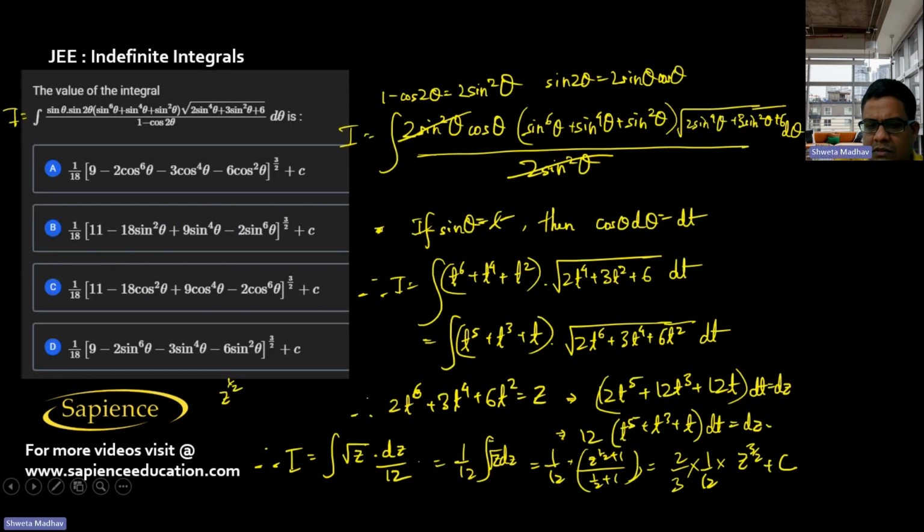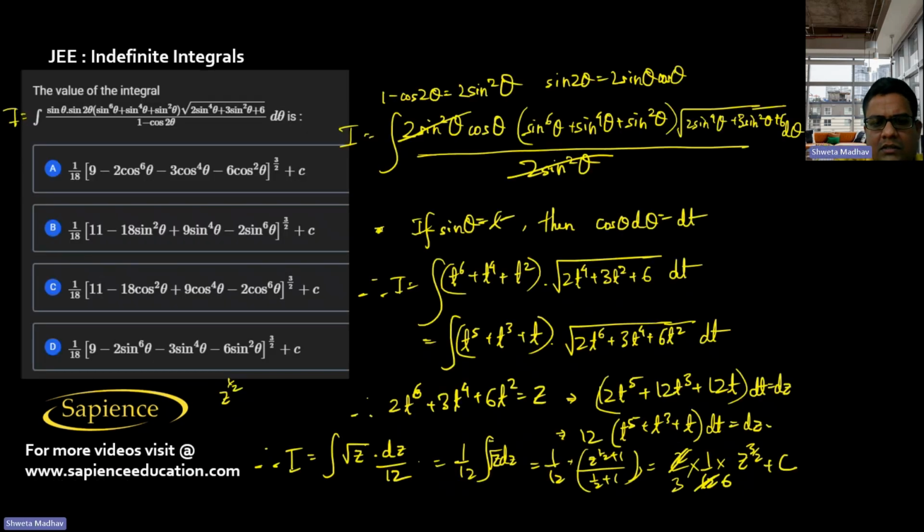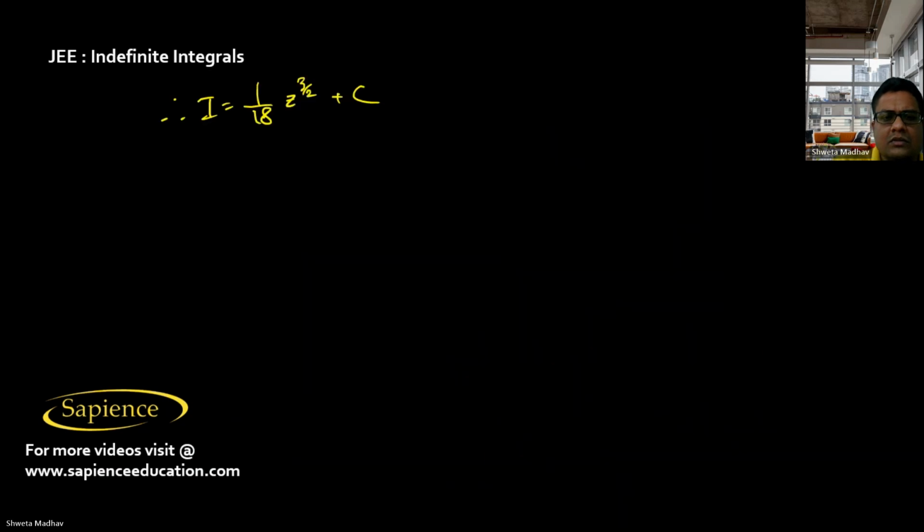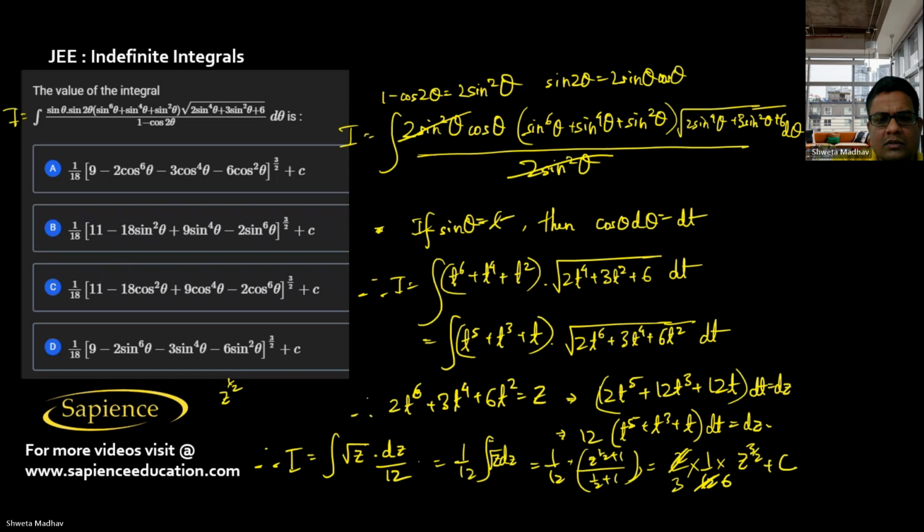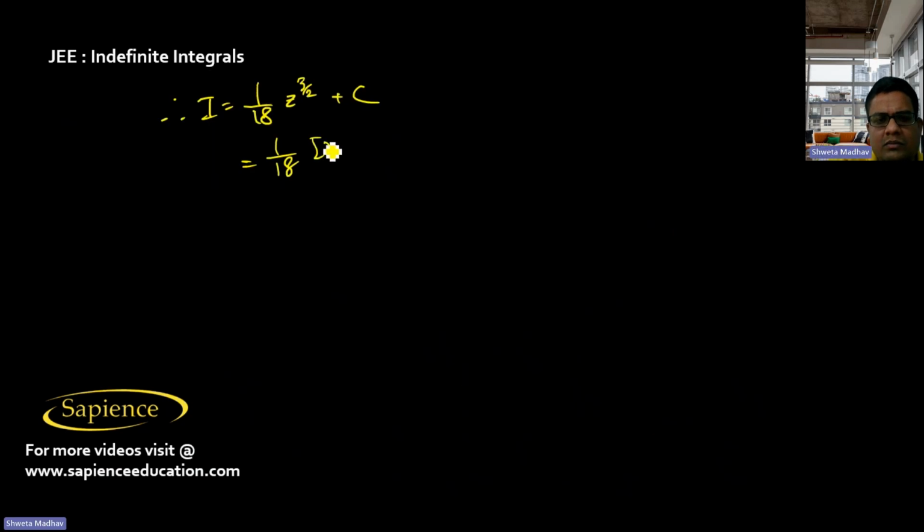So therefore, this integral I can be written as 2 6 12, so this is 3 6 18. So it is 1 by 18 into z power 3 by 2 plus c. Now z is this. So this is 1 by 18 into z, that is 2t power 6.